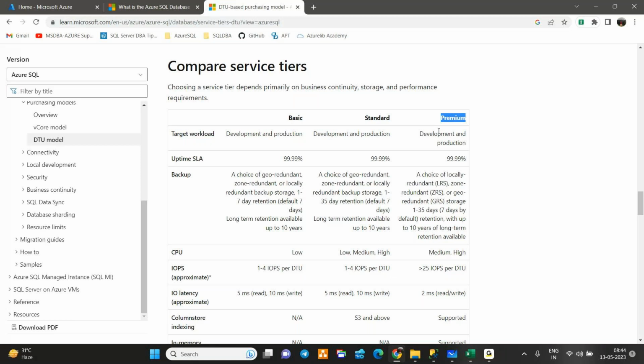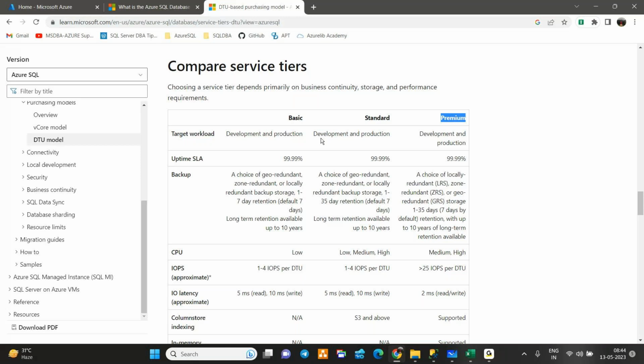Microsoft is not highly recommending it, but Microsoft is saying you can choose this purchasing model not only for dev and test, but even for a production server.